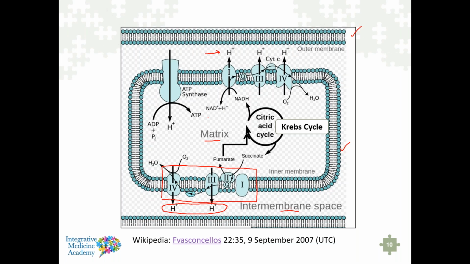At the same time, we're getting an outflow of protons into that inner membrane space, so they accumulate over top of our ATP synthase, or what sometimes is called complex 5. And when we get that concentration gradient over top of the ATP synthase, it flows back into the matrix and forms ATP. This is also where the Krebs cycle exists. It actually exists in the matrix of the mitochondria.